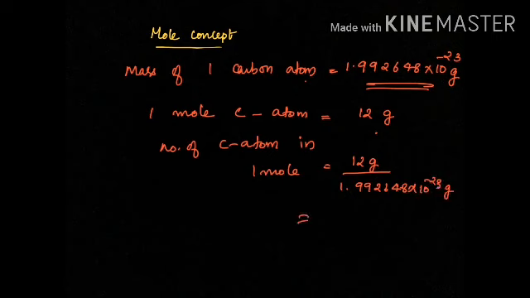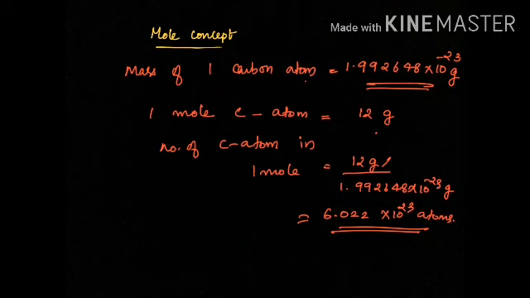So what will you get? 6.022 into 10 raised to 23 atoms. So we have found that the number of carbon atoms in 12 gram carbon 12 isotope is 6.022 into 10 raised to 23 atoms.